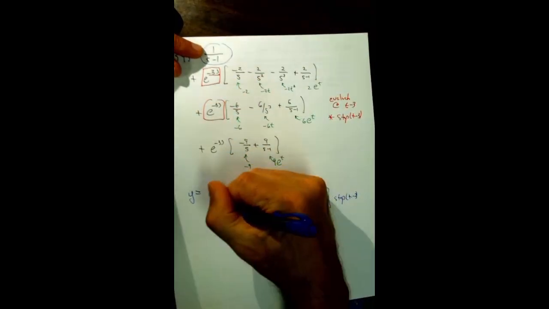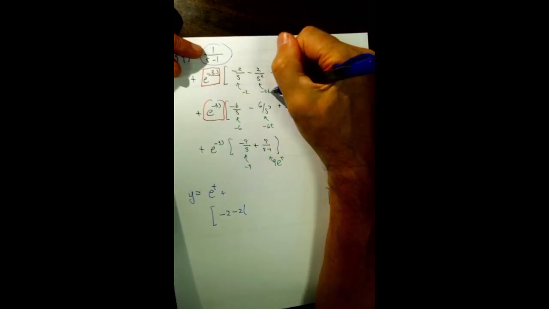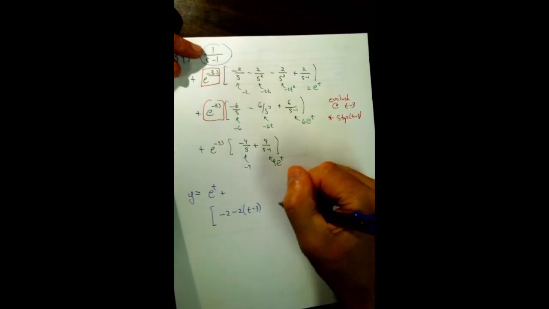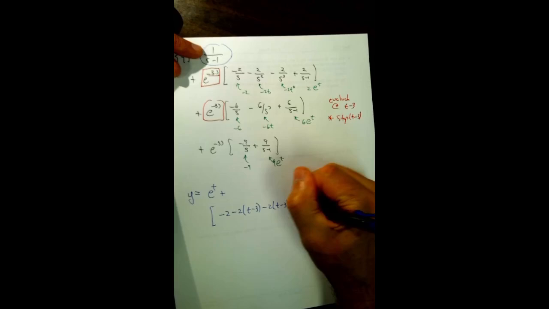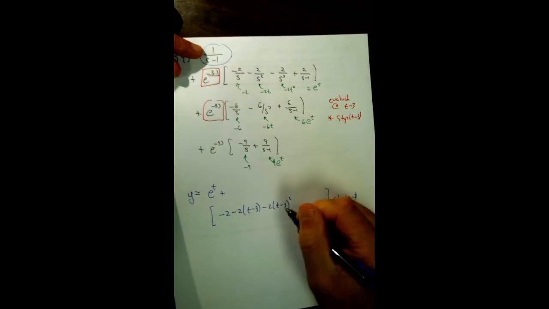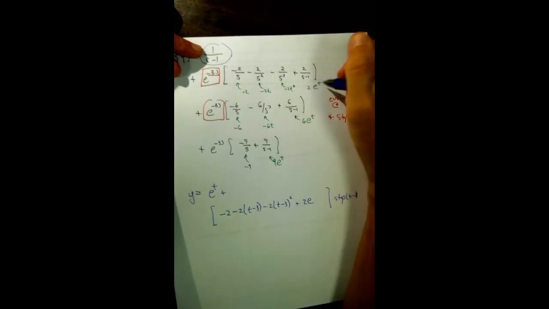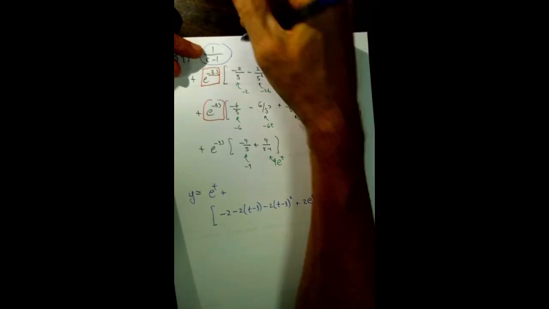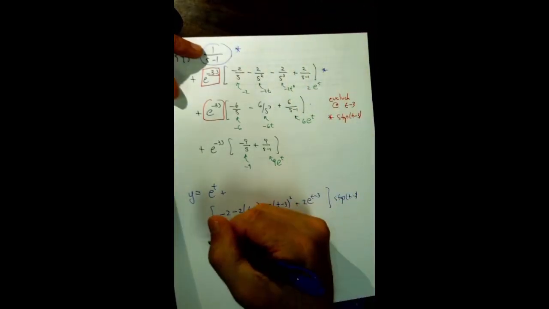So I'm going to have minus 2, but then I don't evaluate at t, I have to evaluate at t minus 3. Same thing here. Everywhere I see a t, I replace it by t minus 3. So it becomes t minus 3 squared. This becomes 2 times e to the t, but I have to replace the t with t minus 3. So that takes care of that term.